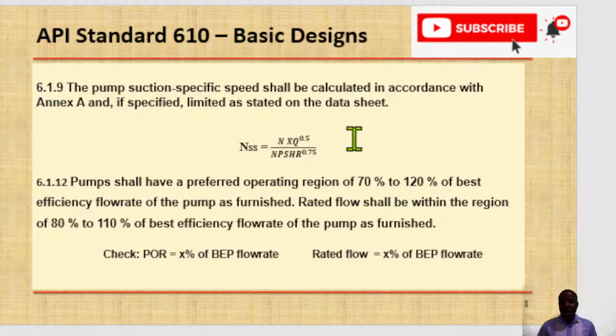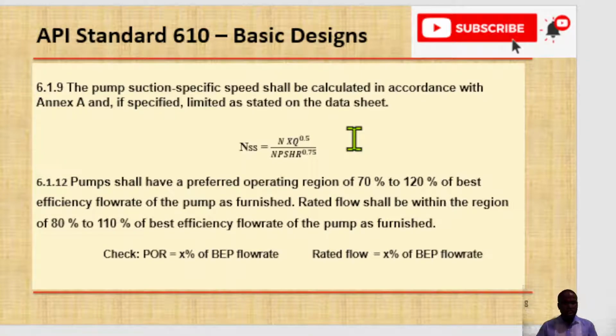Okay? Now, by the time you calculate your pump suction specific speed, there is a widely accepted hard limitation for pump suction specific speed: once it is greater than 11,000 USC units, the tendency that the pump will be susceptible to what?